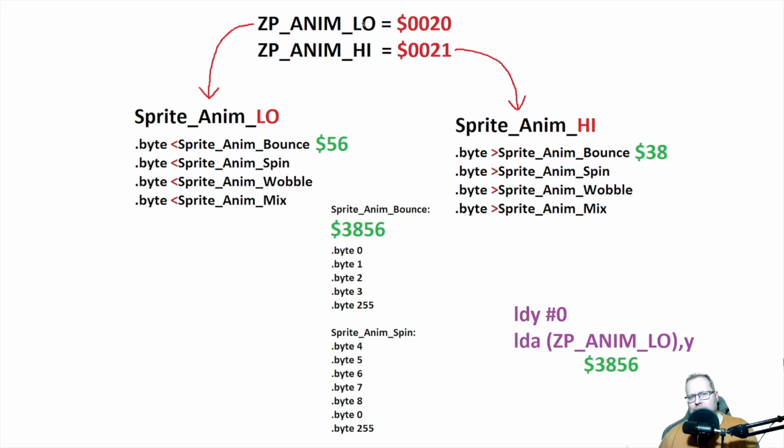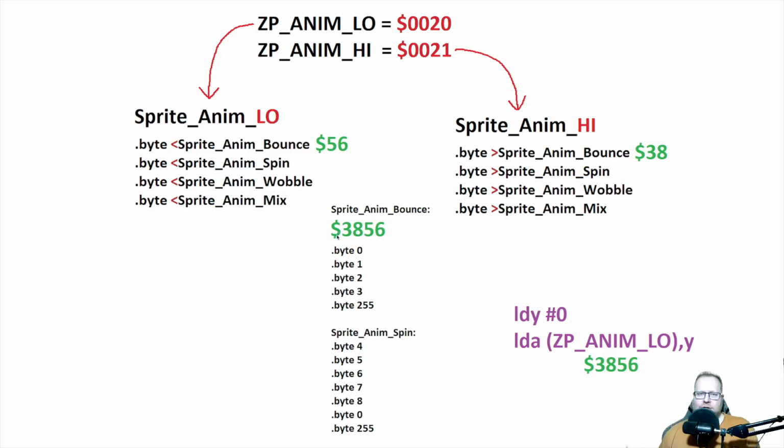Memory address 20 is going to have the low byte of a memory address. 21 is going to have the high byte of that memory address. So the way that works is, for example, when we say here, this symbol means low byte, right? So low byte of sprite anim bounds, which is a table down here.